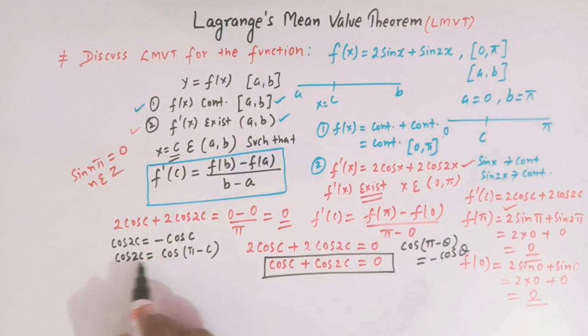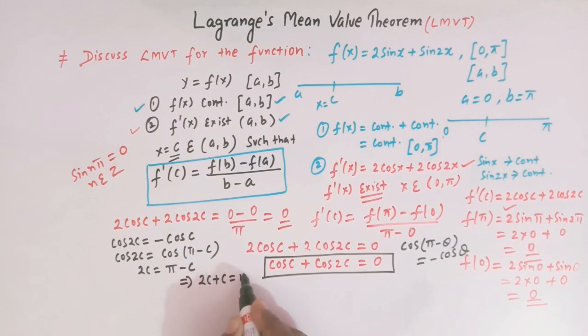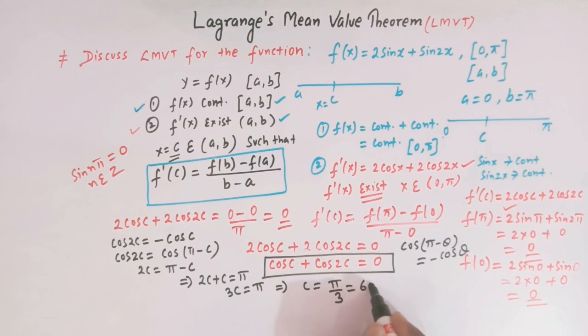Now from this equation, cos and cos get cancelled. We can write 2c is equal to pi minus c, so 2c plus c is equal to pi, and 2c plus c is 3c is equal to pi, so c is equal to pi over 3, that is 60 degrees.